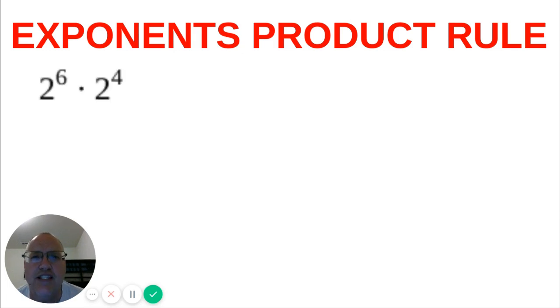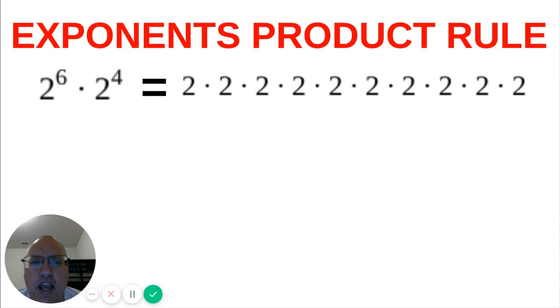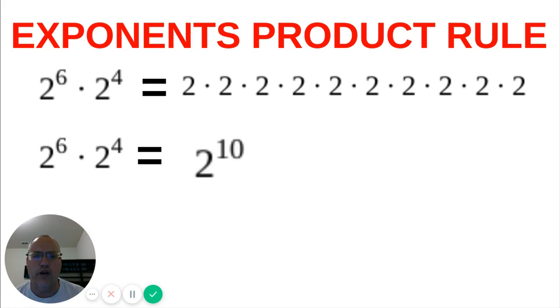If you see a problem like 2 to the power of 6 times 2 to the power of 4, and I ask you to simplify that expression, you might write 2 times 2 all the way out. 2 to the 6th power is 2 times 2 times 2 times 2, 6 times: 1, 2, 3, 4, 5, 6. Then times 2 to the 4th power, that's where the rest of the 2s are. If I work that out, I get 2 to the 10th power, which is a quicker way to express it.